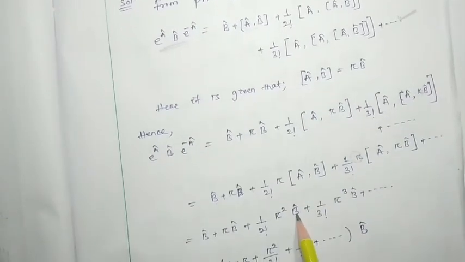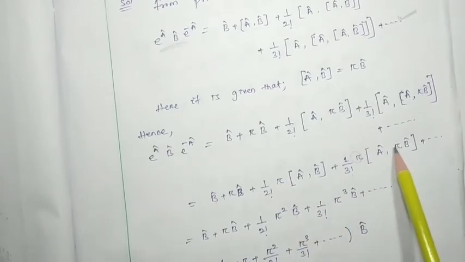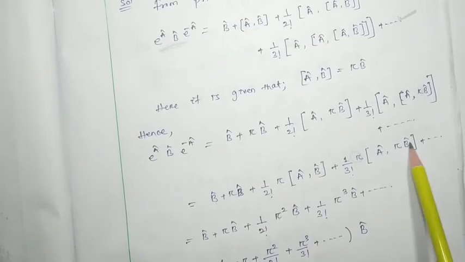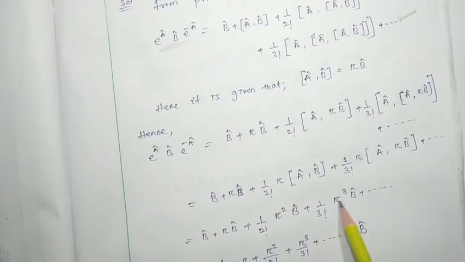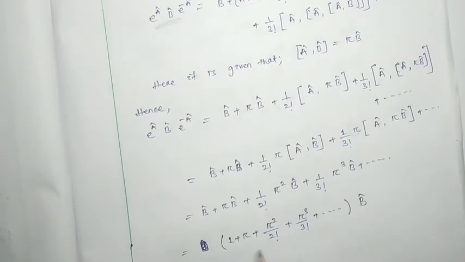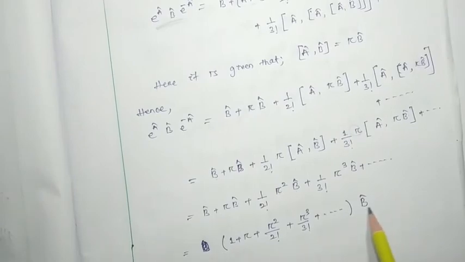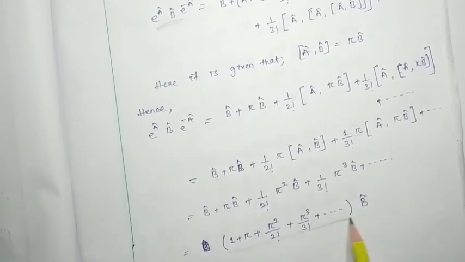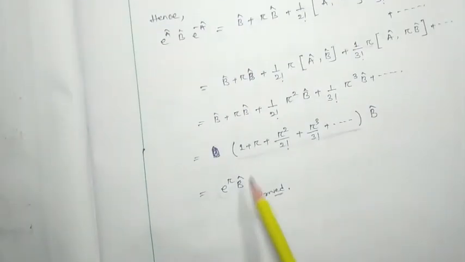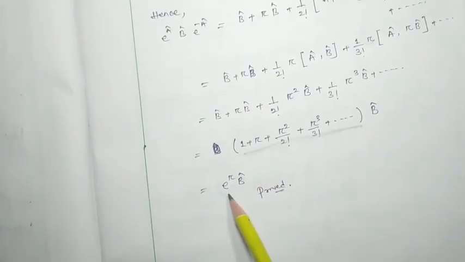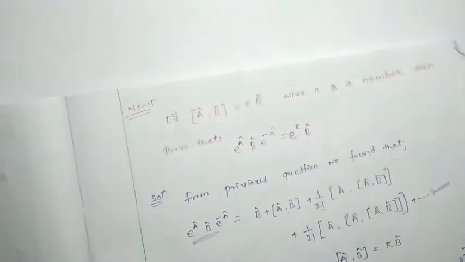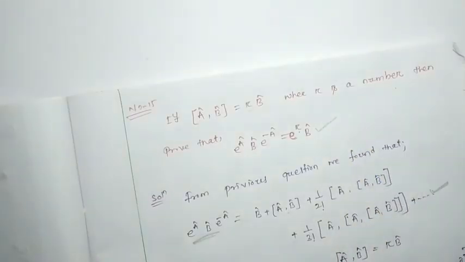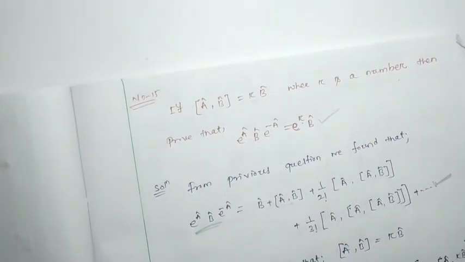Then plus 1 by 3 factorial r cube b cap. So we found that this expansion is nothing but e to the power r b cap. Hence we have proved what was given in our question.